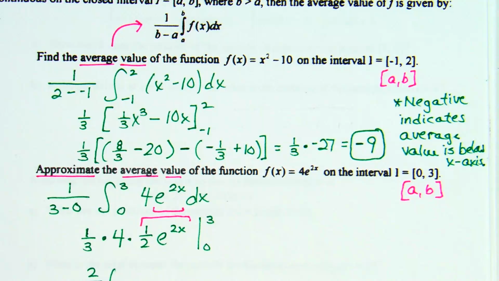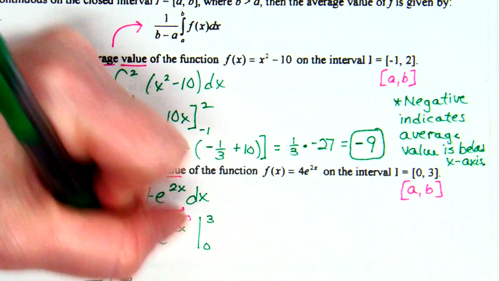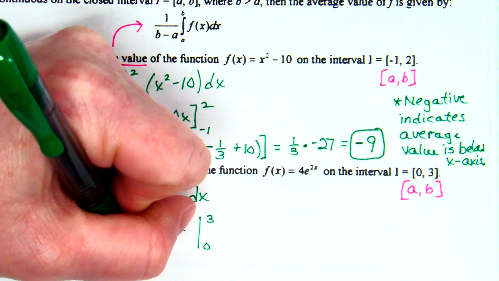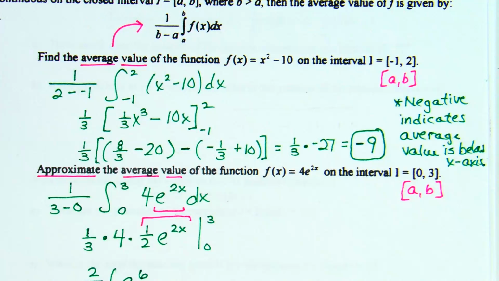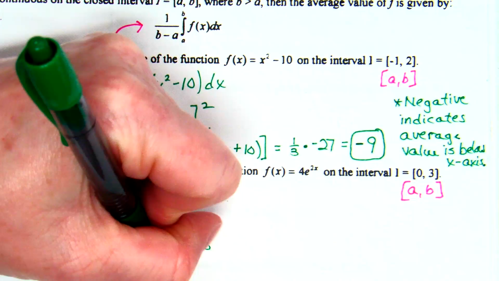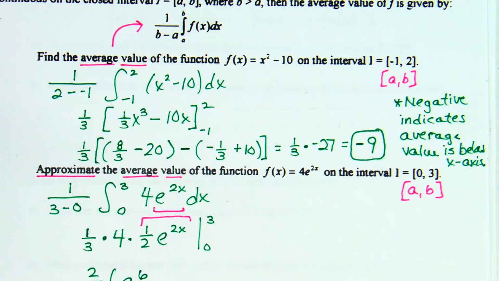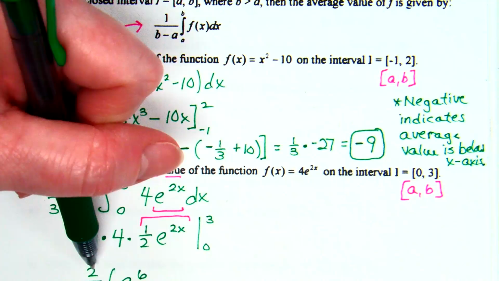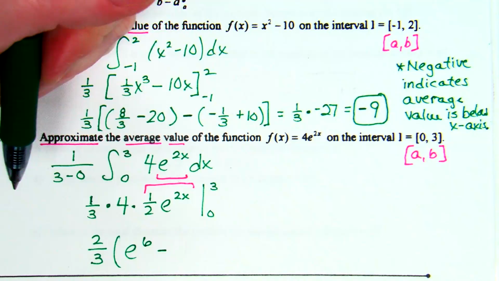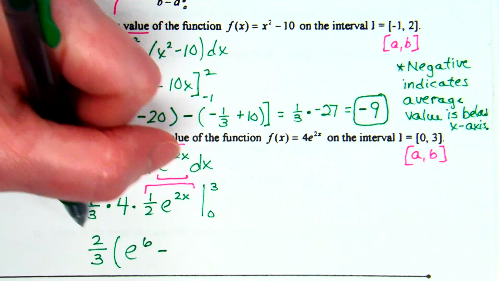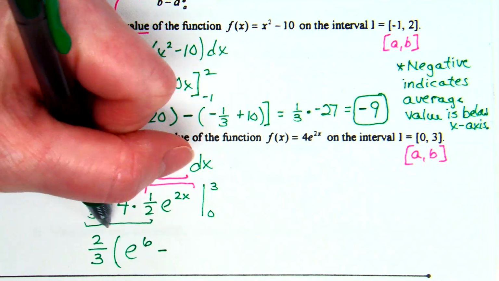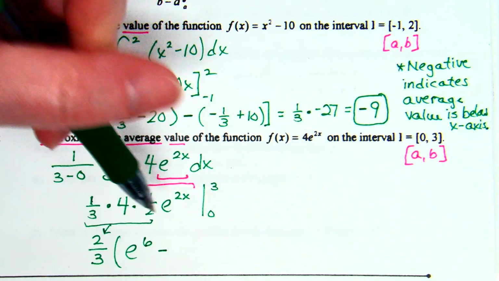So it's e to the 2 times 3, e to the 6th, minus... Well, I've already got my 2/3 factored out front. Sorry. So I've got all of these pieces factored right there into 2/3.